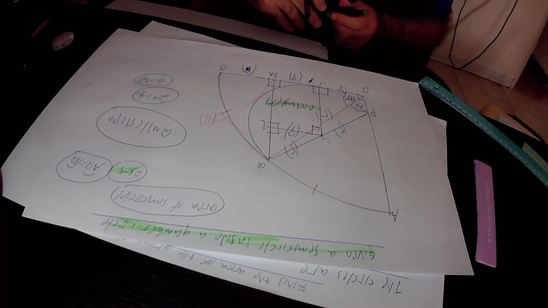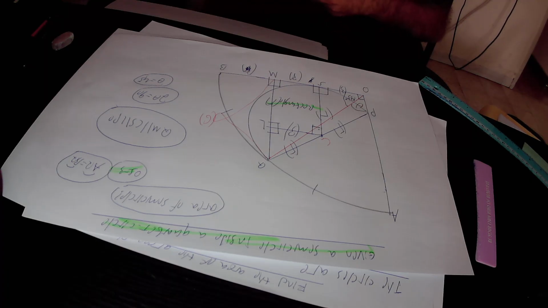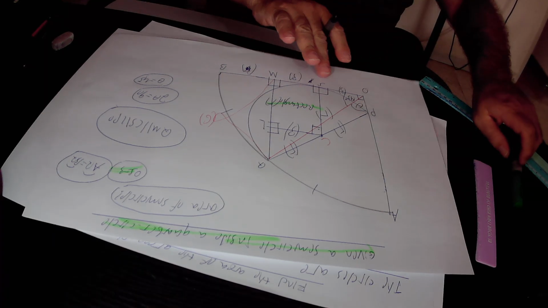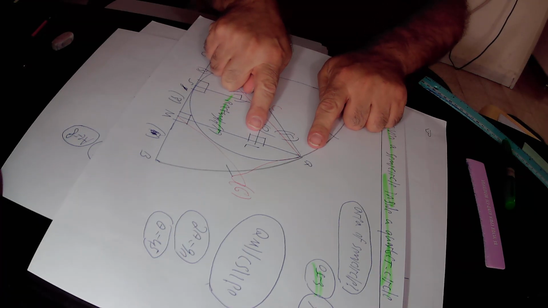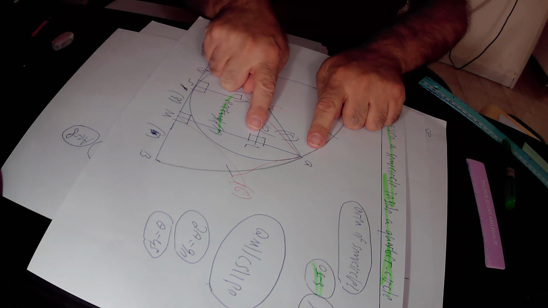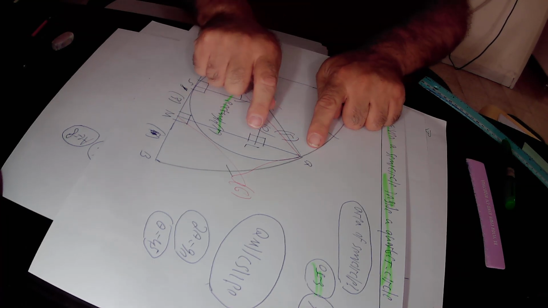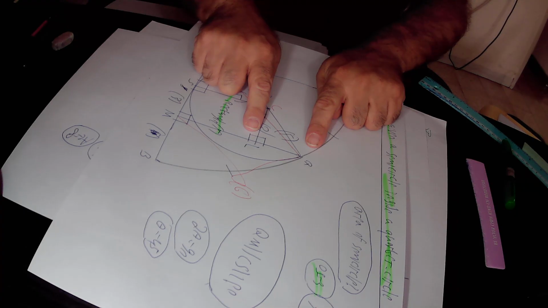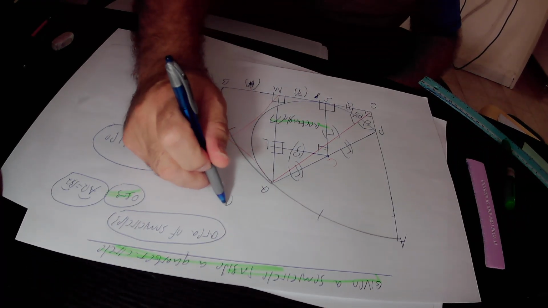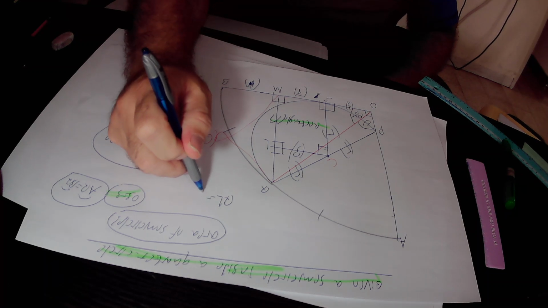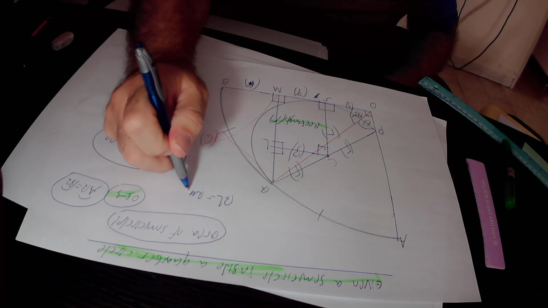What is the length of this line segment QL? From the drawing, it is very easy to say that QL in total equals QM minus LM. So write it down: QL in total equals QM minus LM.